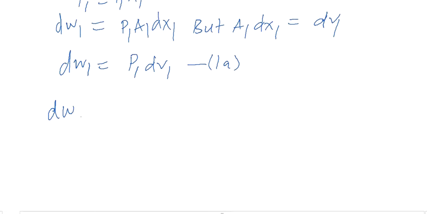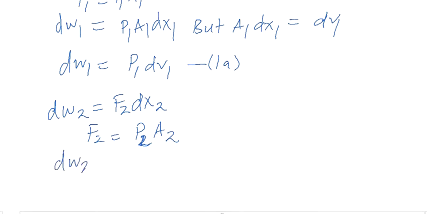Therefore, let us take the work done by that force F2 to be dW2, equal to that force F2 times the displacement of the fluid mass, dx2. Likewise, F2 is equal to P2 times A2. Substituting it in this equation, dW2 is equal to P2 A2 dx2.